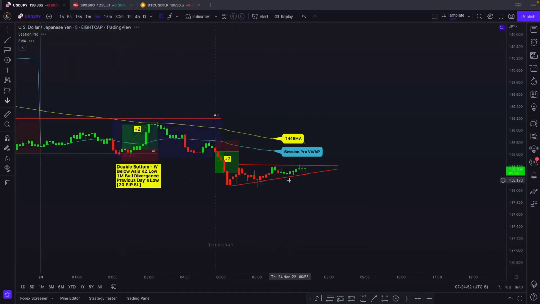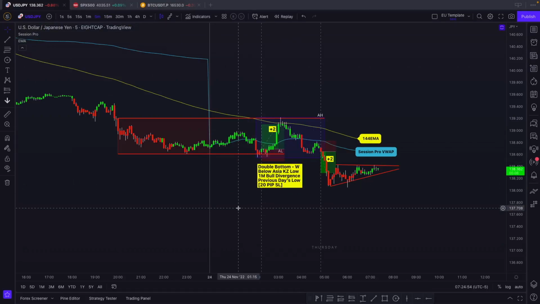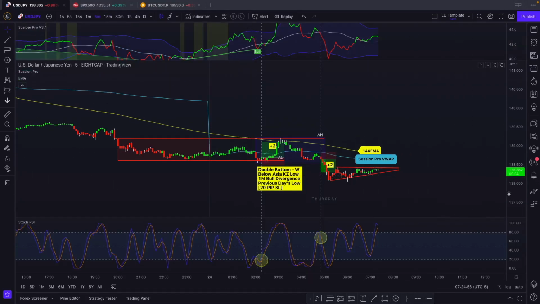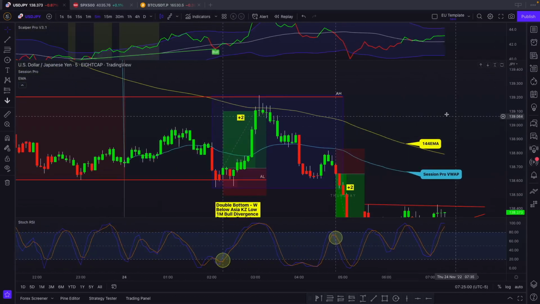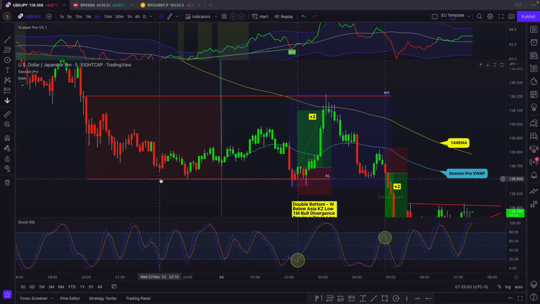And if we break it down to a 5-minute chart, you see my executions. So let's bring up the indicators and watch what price action did here. I set my alert on the Asian session low right here prior to the London kill zone, and my alert was triggered right here at 2:05.